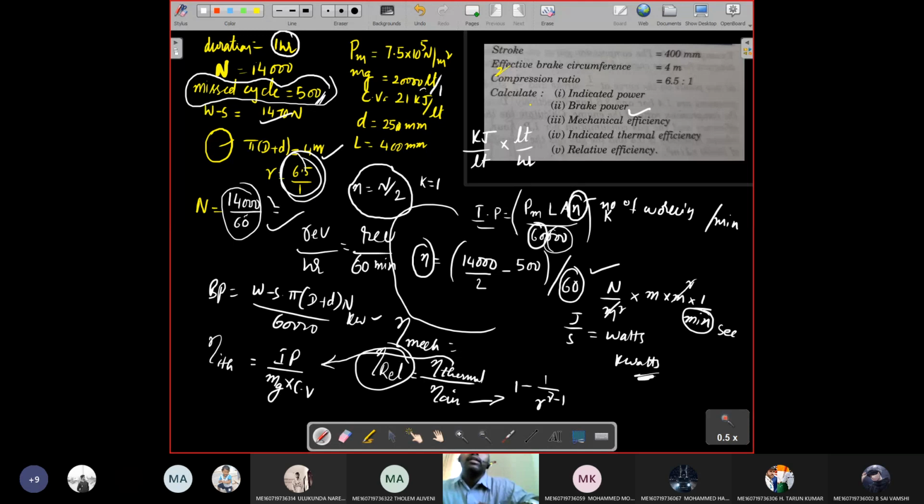Yes or no? 20,000 liters per hour. So we required second actually. Now liter will be cancelled. You will get kilojoules per hour. But we required kilojoules per second. Divide with 3,600 here, because IP is in kilowatt.